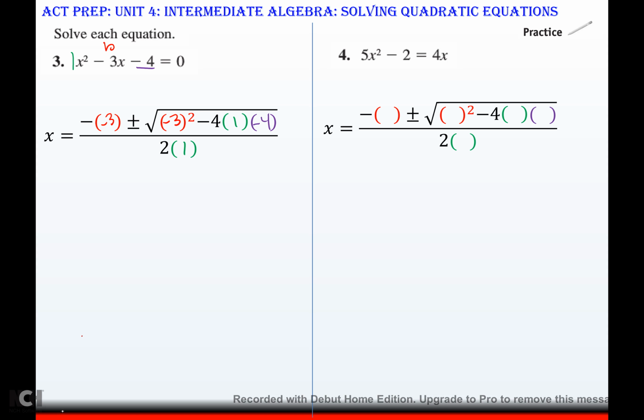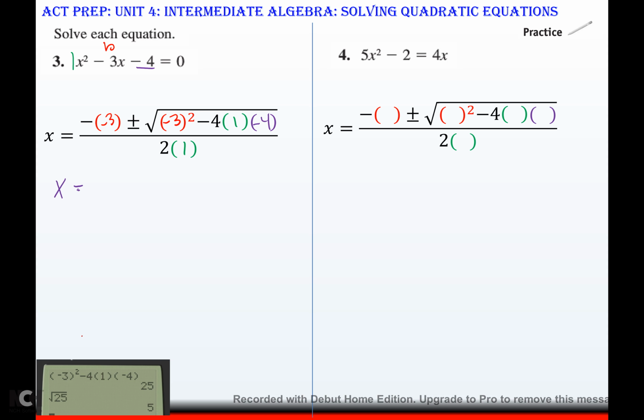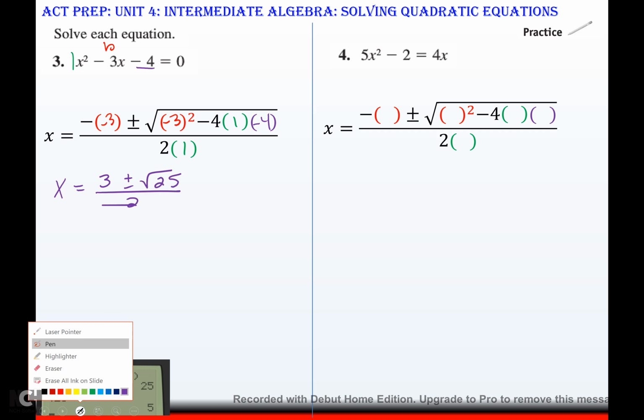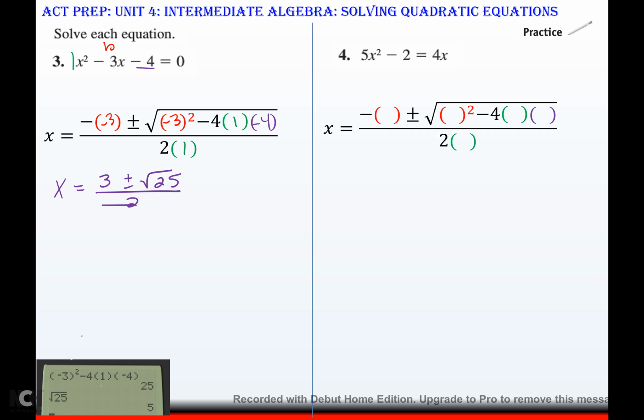And if I type in underneath the radical, negative 3 squared minus 4 times 1 times negative 4 is 25. So I have x equals 3 plus or minus the square root of 25 all over 2, which means this is 5 plus or minus, so I have x equals 3 plus 5 over 2, and I have x equals 3 minus 5 over 2.